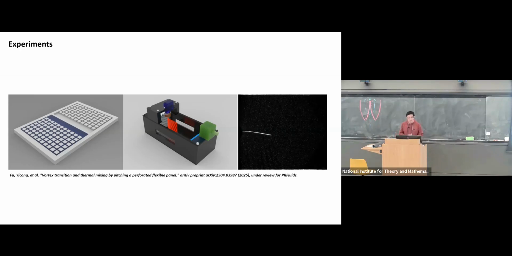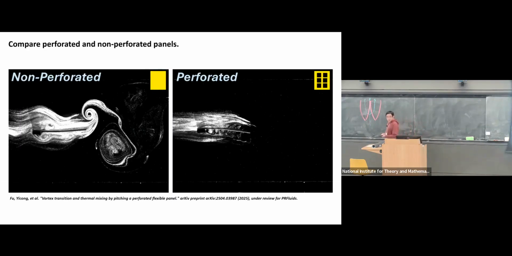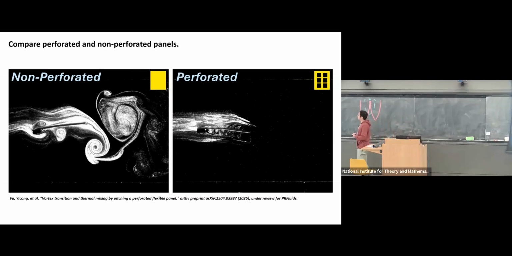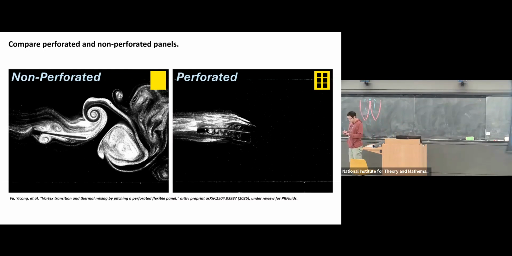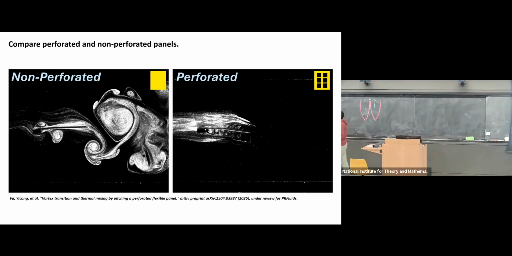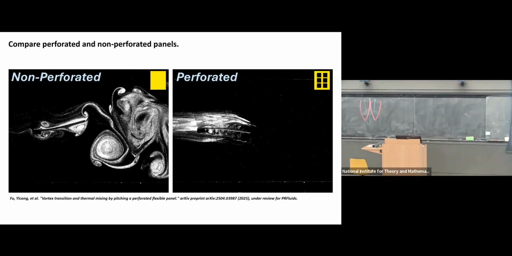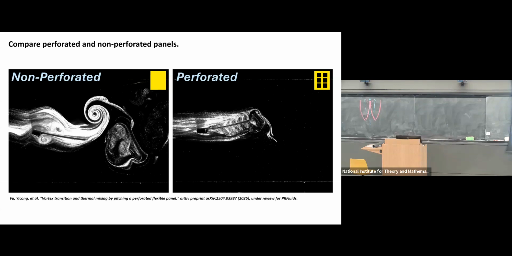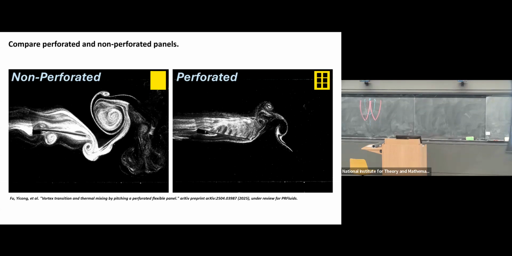So first, let's take a look at what the perforation does. On the left side is the non-perforated panel, which is a very classical problem that people have already studied. If you look at the flow structures, it produces large vortices in the wake, and there's a single large vortex over here.